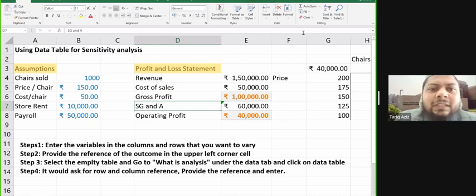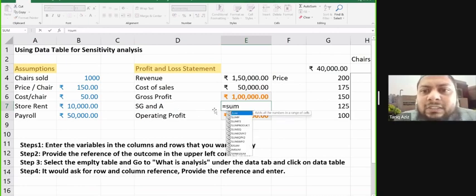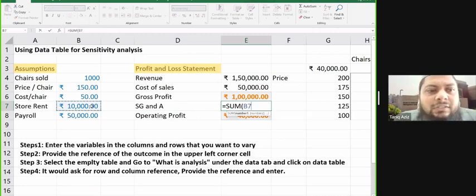Okay, so SG&A is basically sales, general and administrative expenses. The sales, general and administrative expenses are 60,000. 60,000 is nothing but the sum of these two additional costs that are given, that is store rent and payroll.